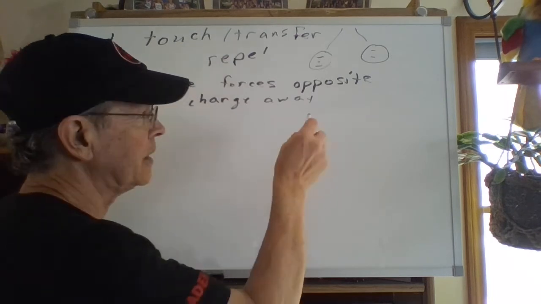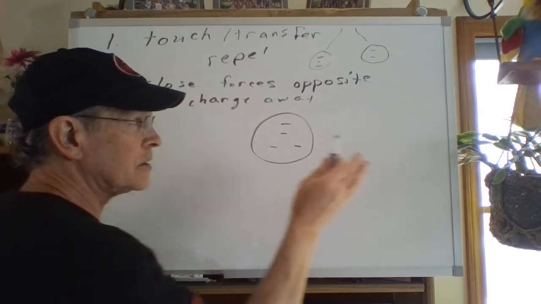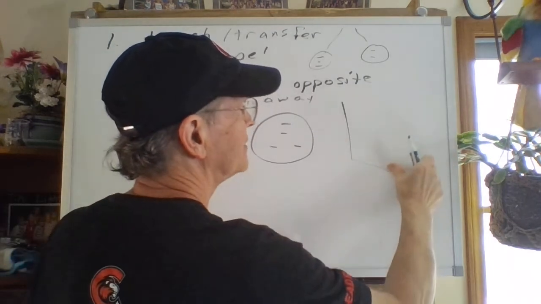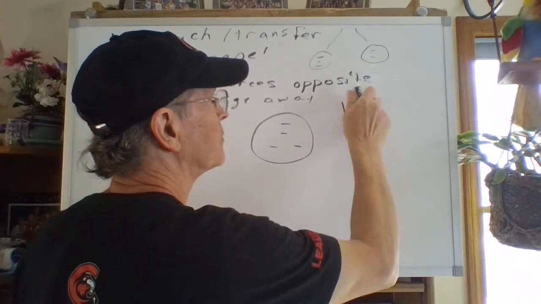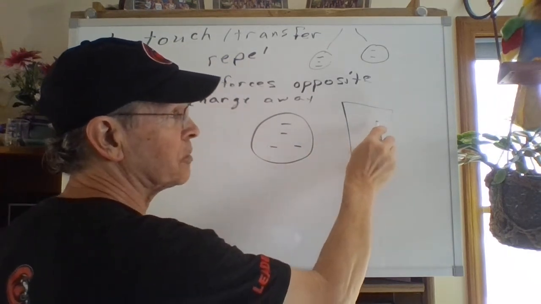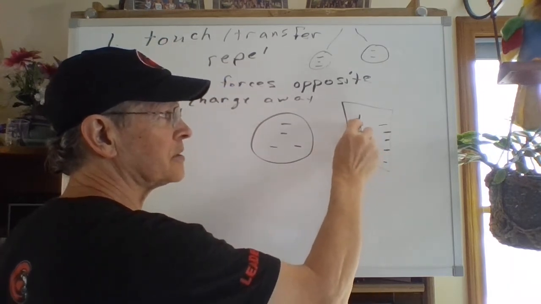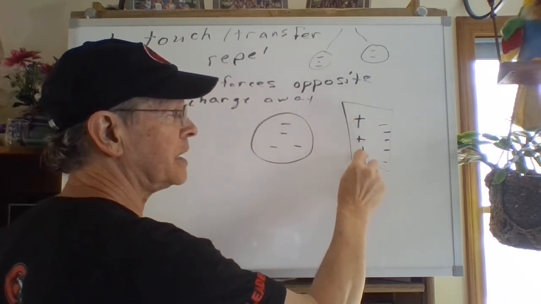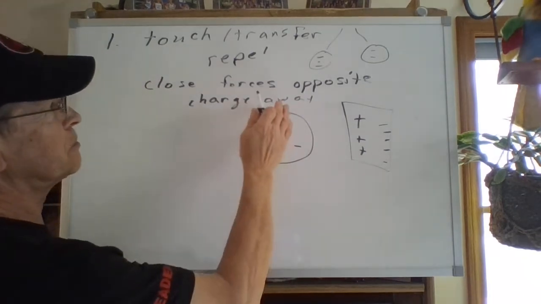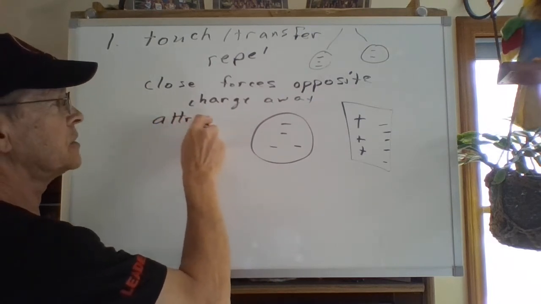I didn't rub the wall on my hair. But if you get a balloon with negative charge close to a wall, as you approach, it would make the negative charges in the wall move away from that area, and that would leave positive charge behind. Then there would be some attraction.